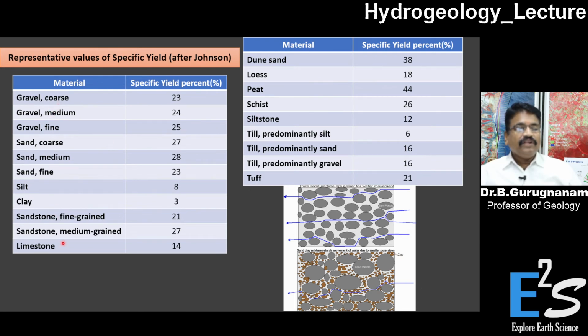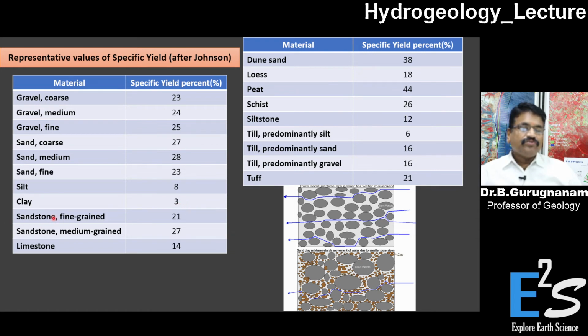And the following table shows the percentage of specific yield: 23 percent on gravel, that is coarse, medium. Medium, it is 23 to 25 on gravel. Sand between 23 to 28, silt 8, and clay, you can see the yield is very less because the transmission is less. That's why the yield is also expected to be very less.